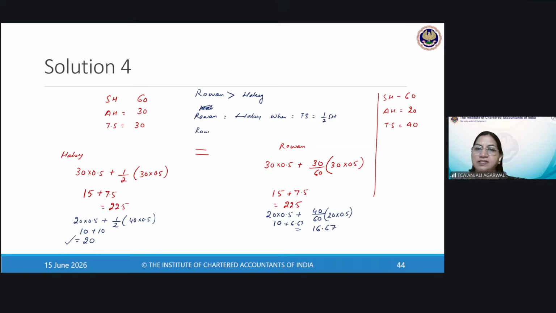But Rowan gives less than Halsey when time saved is more than half the standard hours. Right? Why? Because Halsey gives you the bonus on time saved, whereas Rowan applies the bonus on actual time. So even if time saved is more, the bonus applicable on actual time becomes less.